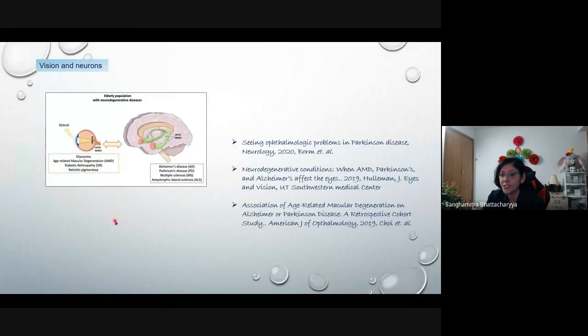Now, what we are trying to do is to associate this particular protein, DJ1, to RPE degeneration and also retinal degeneration under oxidative stress, and also to find out what's the connection of RPE degeneration with progression in Parkinson's disease. We also have a DJ1 wild type and a knockout or a mutant mice where DJ1 is not present. We also work with these two mice models to validate our cell-based in vitro data.